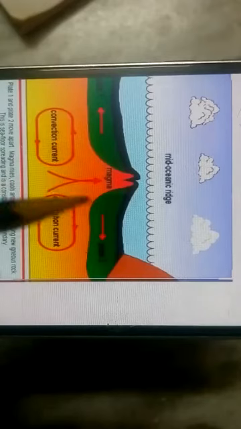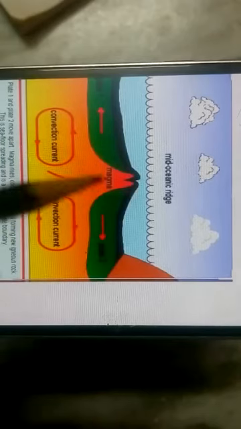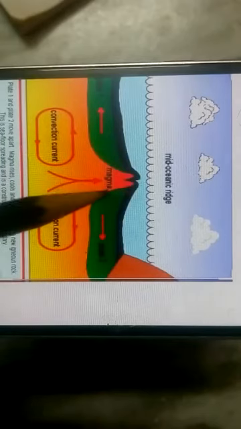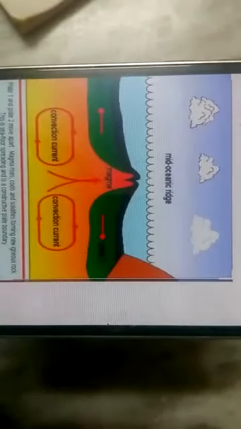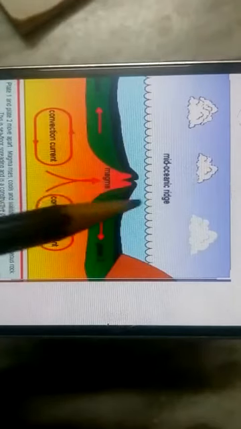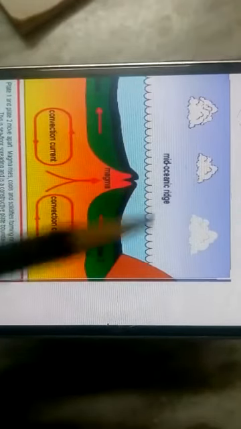When they stretch, material outpours and a new crust forms, as well as a mountain-shaped structure. That's why it is called a ridge. Because it forms in the mid-oceanic area, it is called the mid-oceanic ridge.